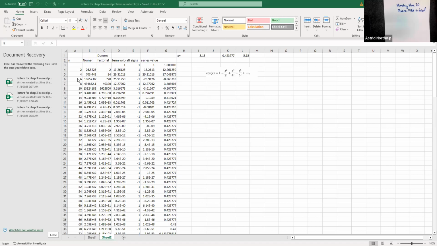So we do that with a function, which is just the cell above it plus 2. And then we calculated a number by taking a different value and raising it to that particular power. And that would give us the denominator after we finish that idea.